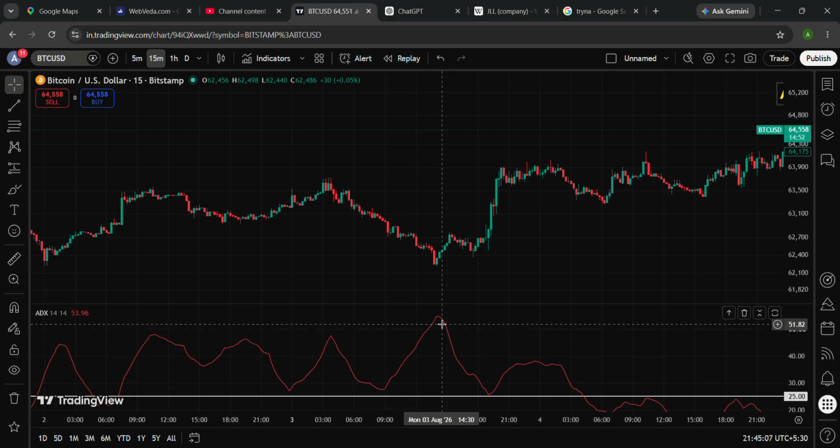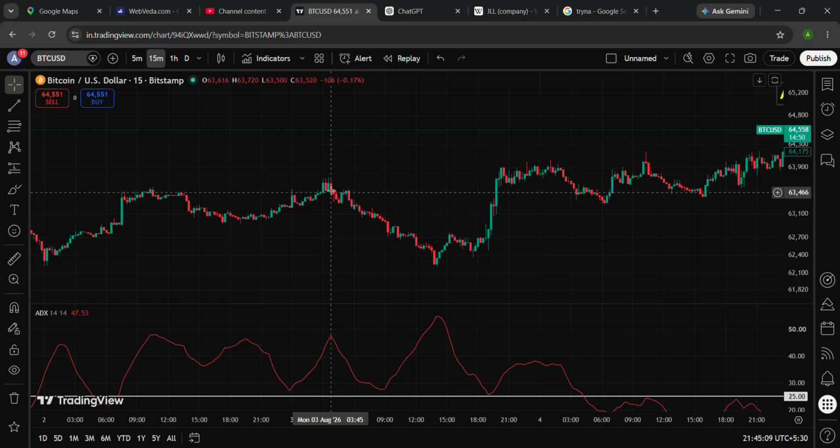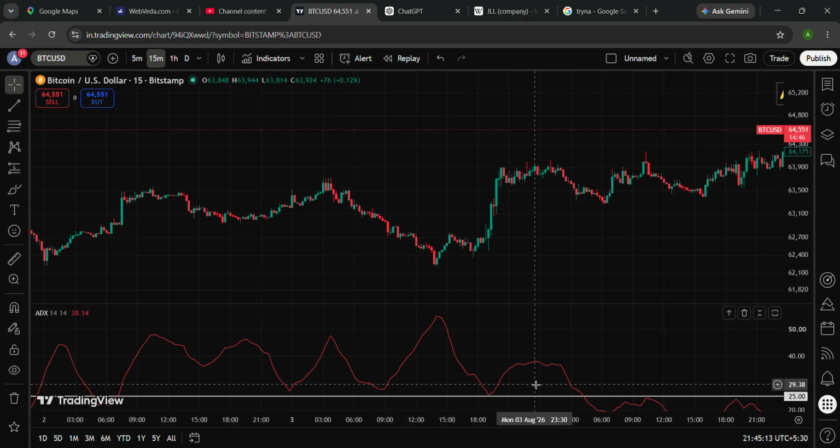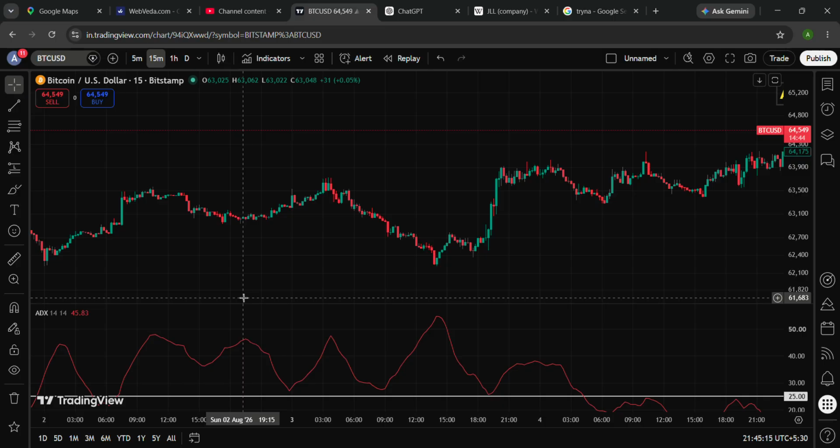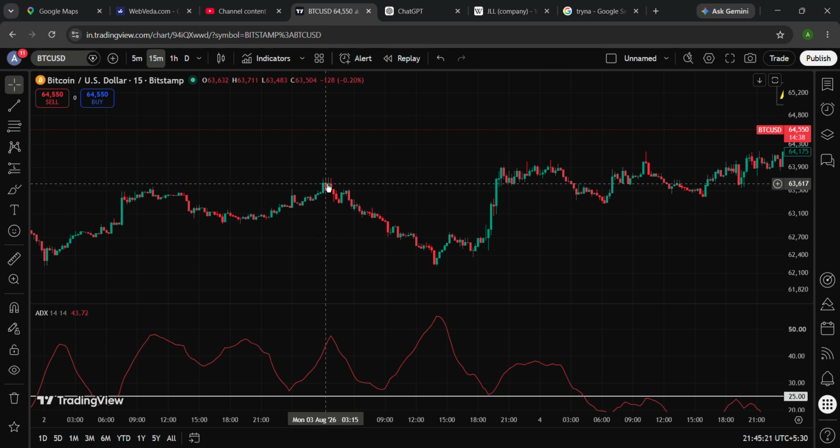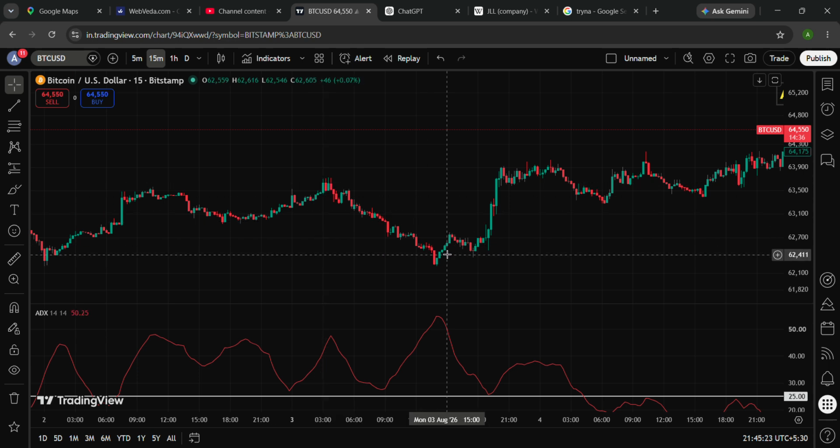ADX doesn't give you a directional signal, like the price going downward and the ADX also going downward. That's not going to happen. ADX just tells you the power of the trend. From here to there, this is the completely bearish zone, and we can see the power of it.